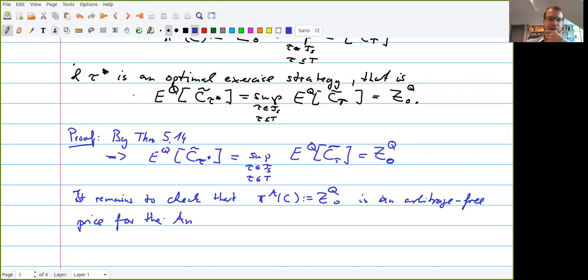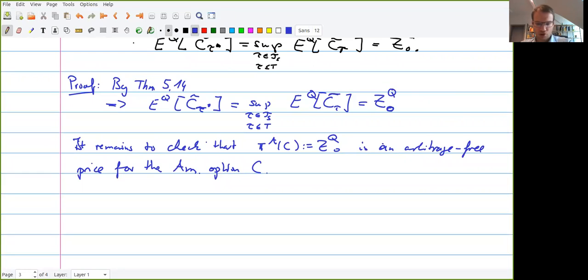We want to use our definition. We had a different definition for the European option, so let me emphasize here the arbitrage-free price for the American option.